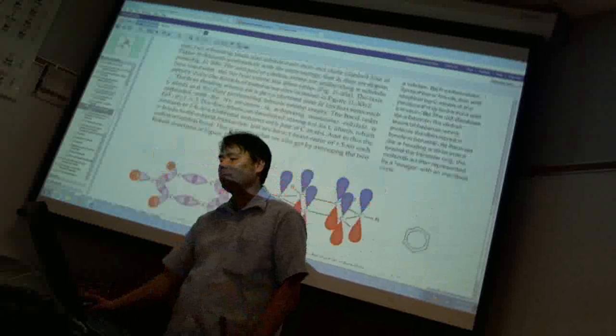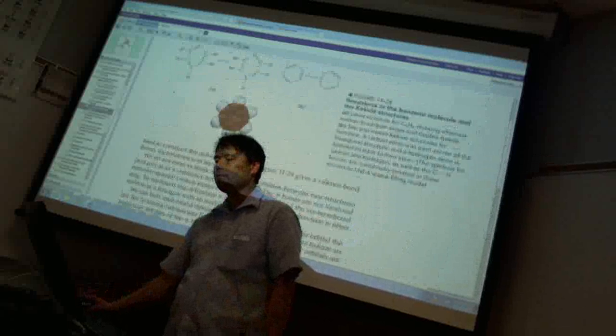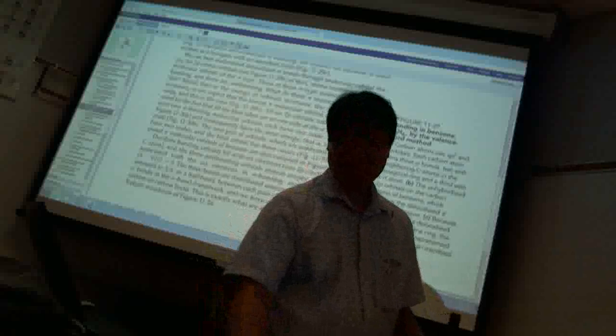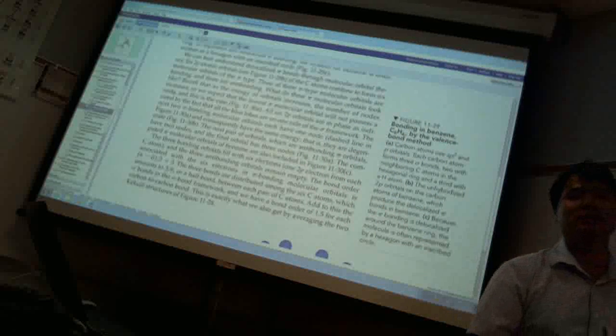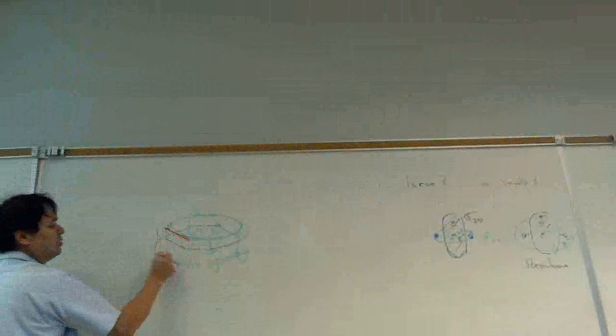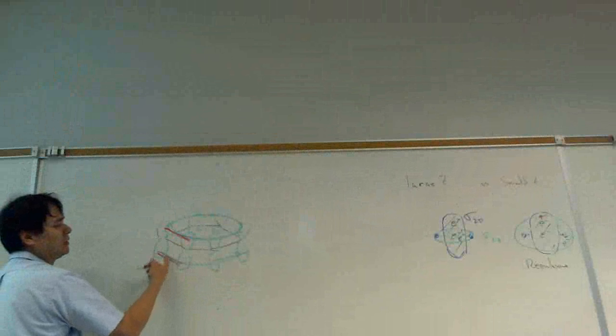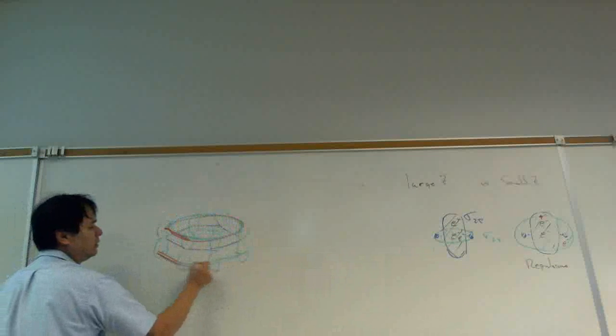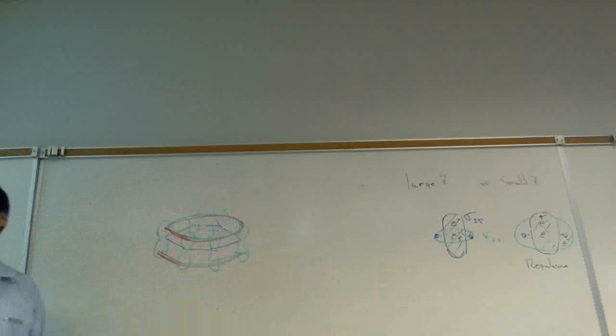For example, if I just connect these two orbitals, this would be called a localized pi bond here. And the only reason I delocalize this is to do the hybrid. So here's my localized pi bond, but I'm going to delocalize it over all the p orbitals, right?